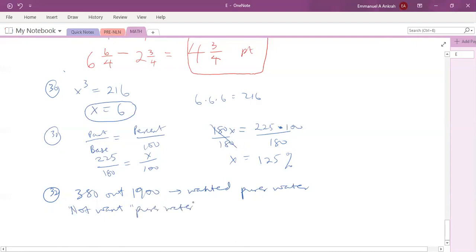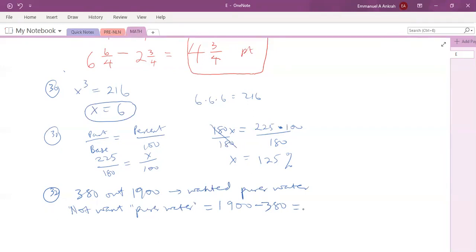So we can subtract first, right? 1900 minus 380, then you get those who did not want the purer water. So 1900 minus the 380, you get 1520 who did not want.